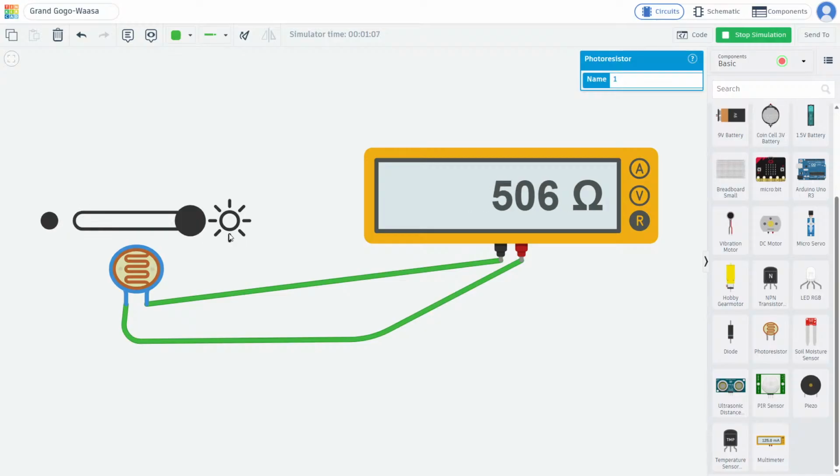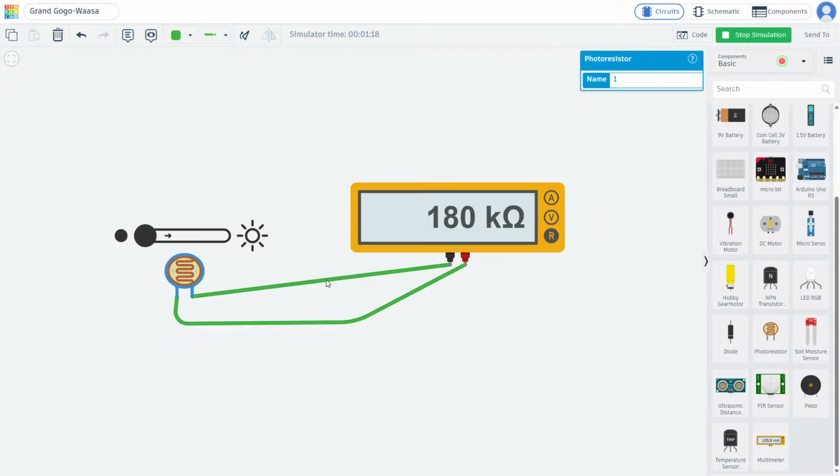Can you see the magnitude increased? So with this we can vary the resistance. You know that 506 ohms is the lowest resistance of this device. So can we connect an LED?